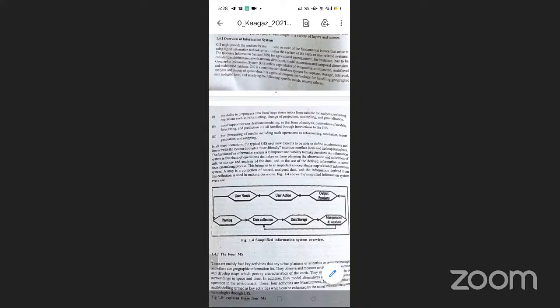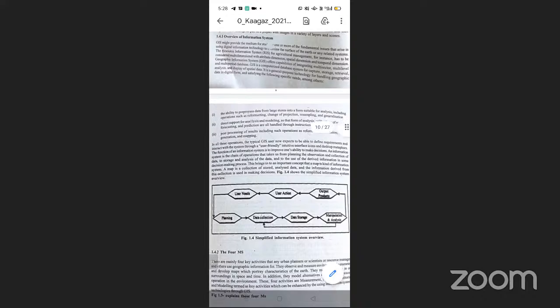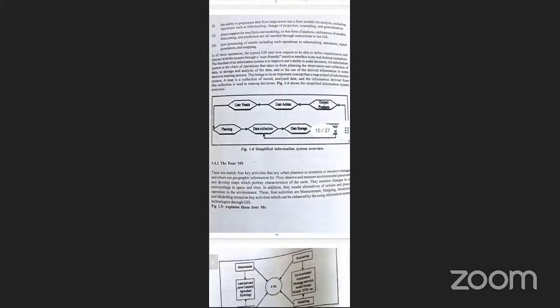And here, there are mainly four key activities that urban planners, scientists, or maybe resource managers in the resource management system do.